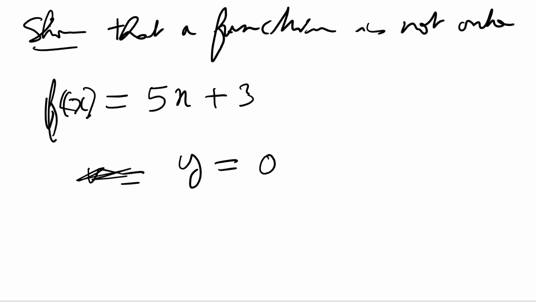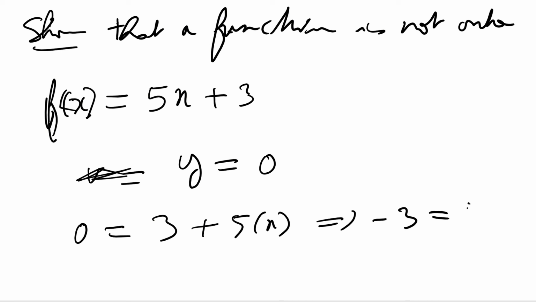If you have 0 equal to 3 plus 5x, you're going to get negative 3 equal to 5x, so you're going to get x equal to negative 3 over 5.